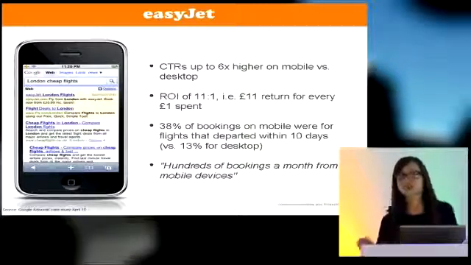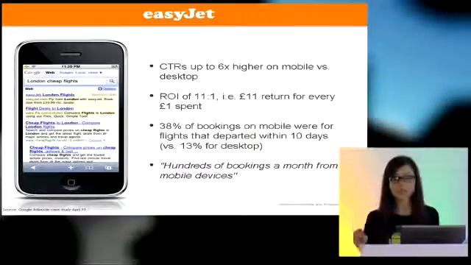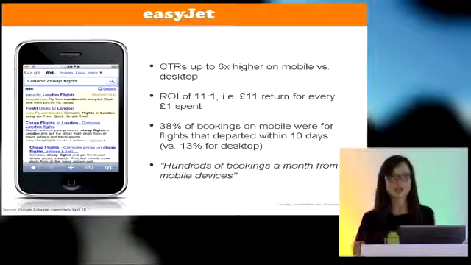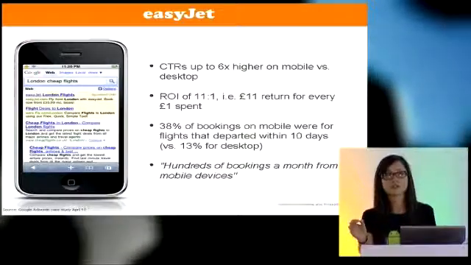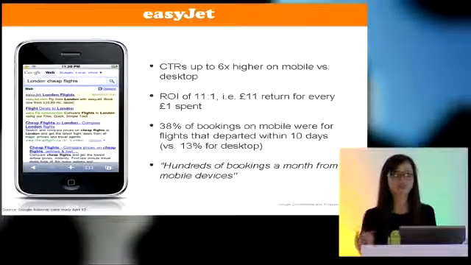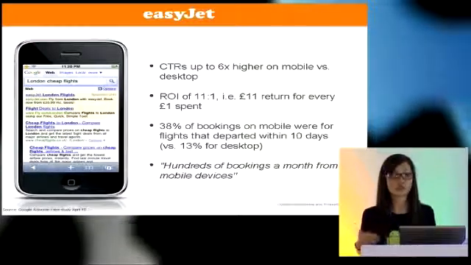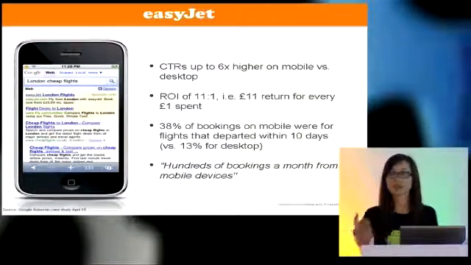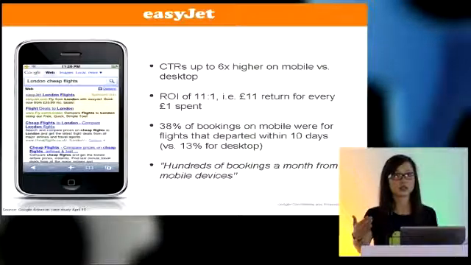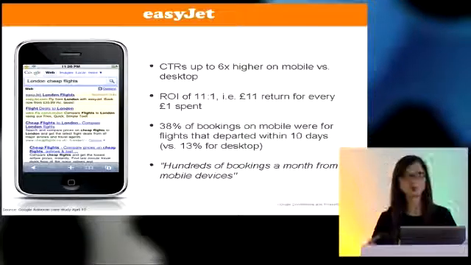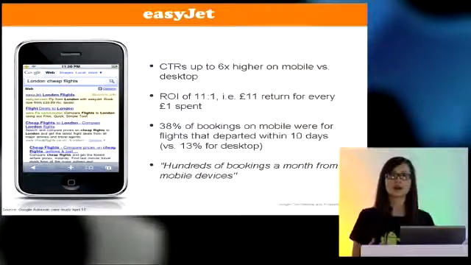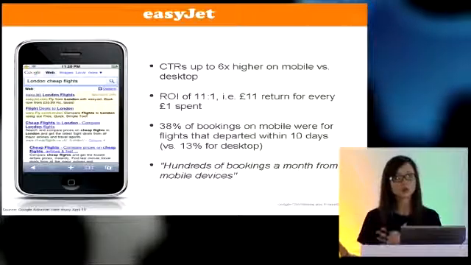So this is a case study from EasyJet. Now the story with EasyJet is that they don't have a mobile website, but they wanted to understand the value that mobile was driving so they could sell internally into the business a mobile website, which most of you, I guess, have to do. So what they did was they adopted all the best practices that I've just talked through with the separate campaigns, the keywords, the creative, all of this kind of stuff.